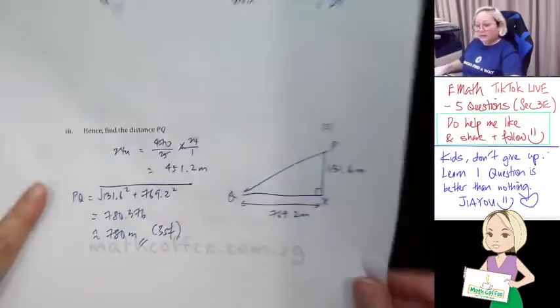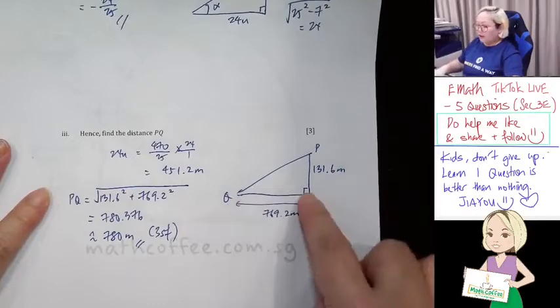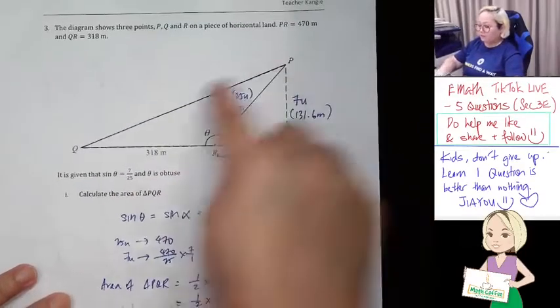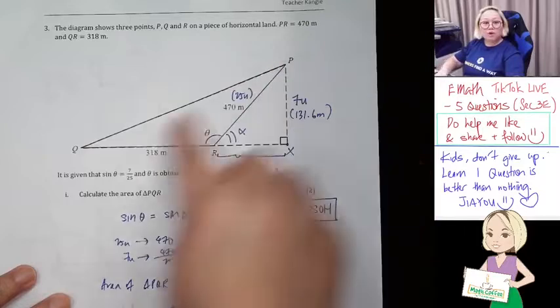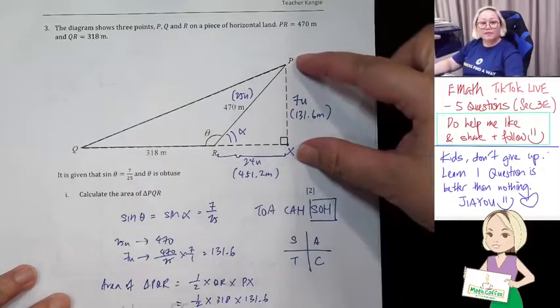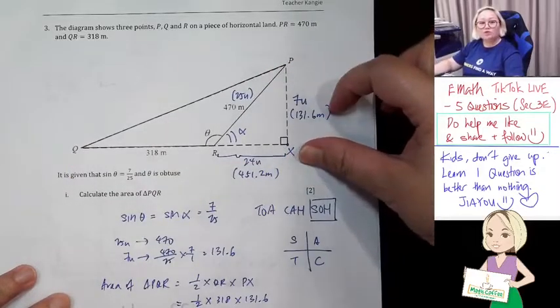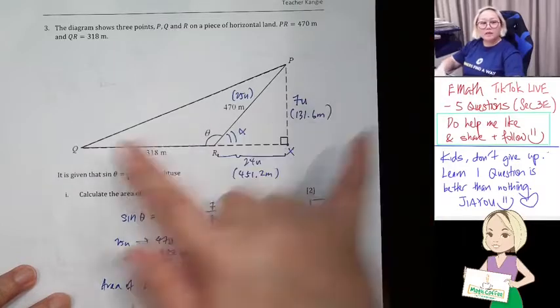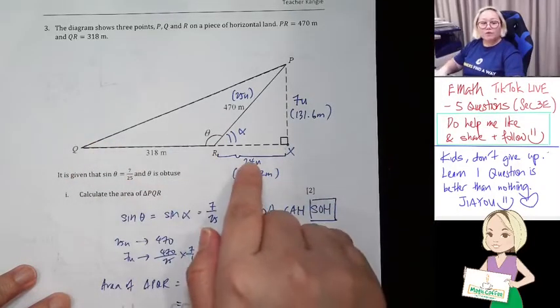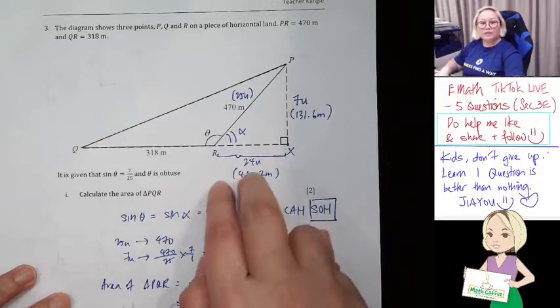Part 3 is, you see, this PQX, I draw this whole big triangle over here. So this side, PX, I already have it previously, which is 7 units, so it's 131.6. QX, because I already have my 24 units, correct? So I need to find 24 units is how much?